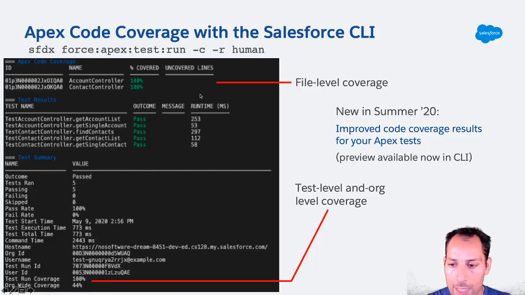So right now, if you don't have a pre-release org, if you're still in Spring 20, you can actually activate that, and when you run the command here to run the test, you'll see a warning which tells you that you can set an environment variable to get a preview of the summer 20 format. That's what I did. So I suggest that you try to set this environment variable and check out this new format, which is pretty convenient.